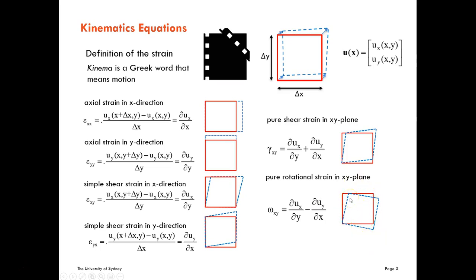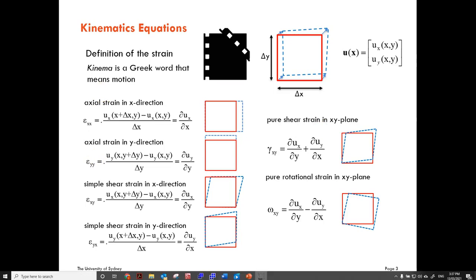This kind of deformation is a pure rotation, and it doesn't change the strain in the element because the element is not deformed, so the stress is not going to change. So this rotation is not part of the stress-strain relations. It's going to be put out of the equations.